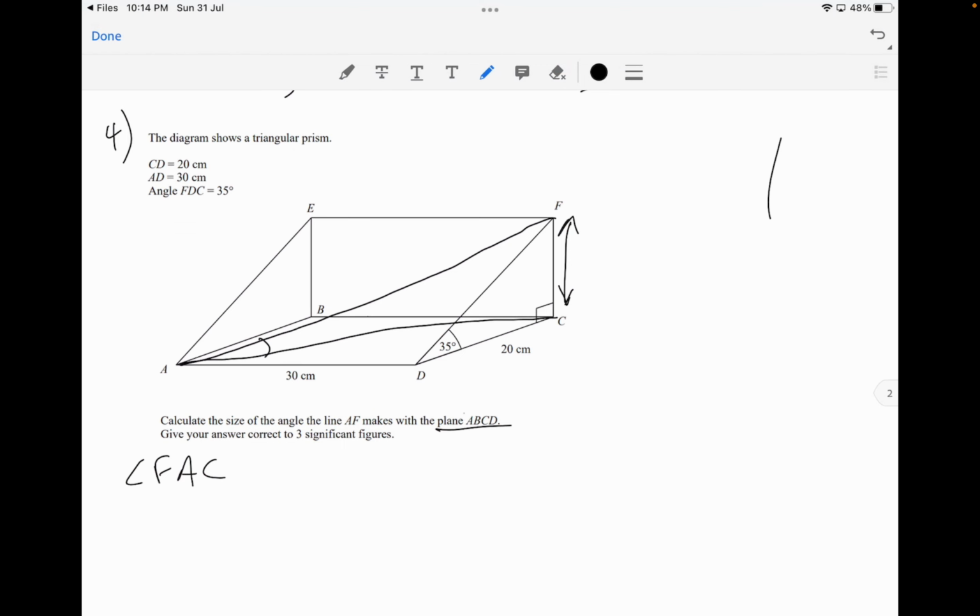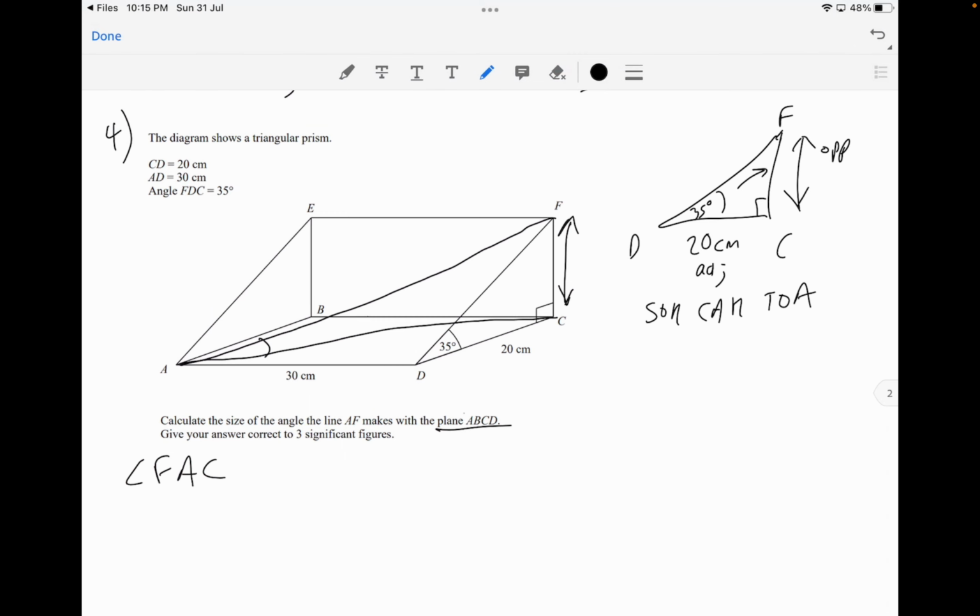So you're going to draw another mini triangle, FDC, where the angle here is about 35 degrees. I'm just taking this from the question again. CD is 20 centimeters, and we have to find out what FC is. You're going to use the opposite, and your trigonometry has to be strong. We're going to use the concept of SOHCAHTOA. You're going to use tan since it's opposite and adjacent.